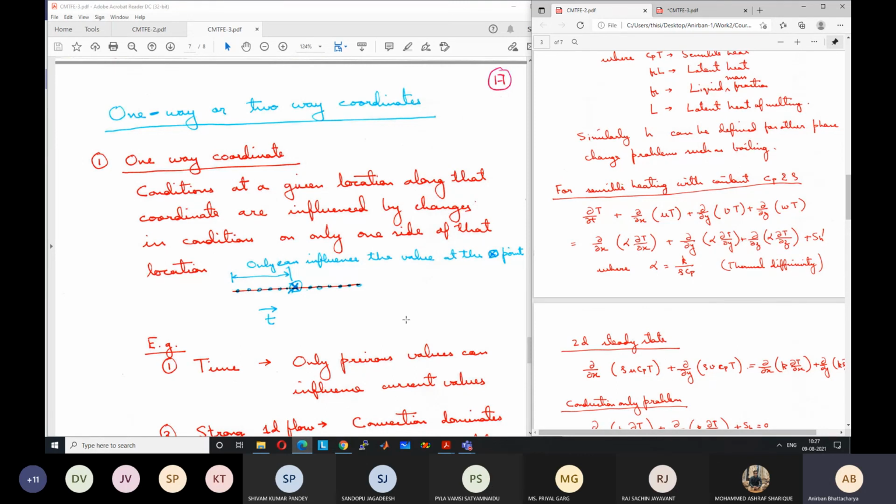It cannot be influenced by what will happen after that time. At this moment, the temperature in my room is influenced by what has happened up to this point. But if in the future I am going to switch on the AC or switch off the AC or switch on the fan, that is not going to influence the temperature at this point. But previously, if I had switched on the AC or switched it off, that will influence the temperature at this point. So information can only pass along one direction.